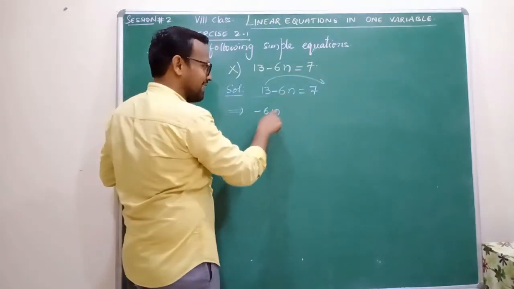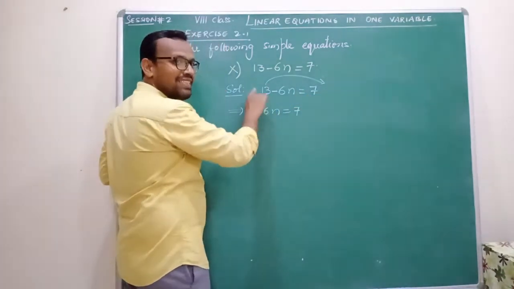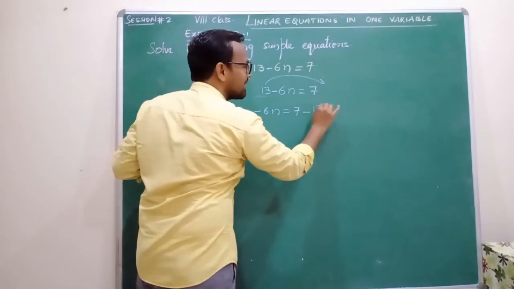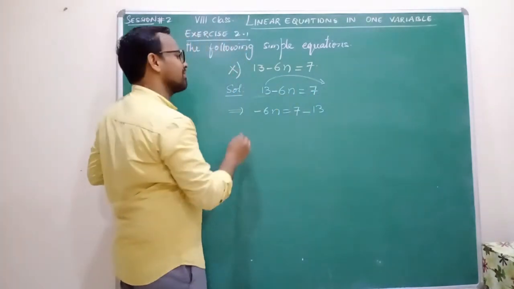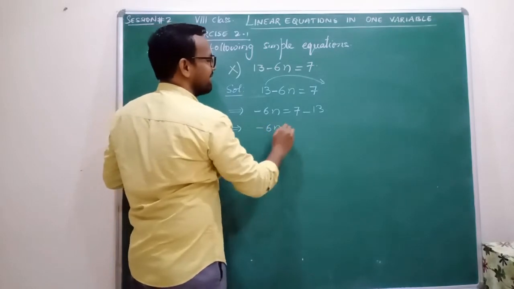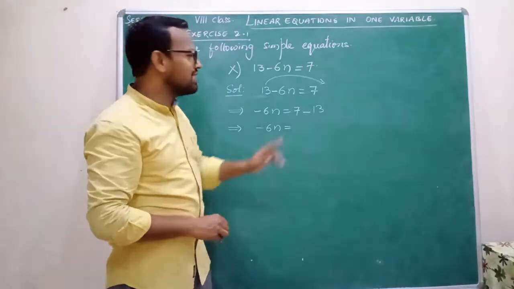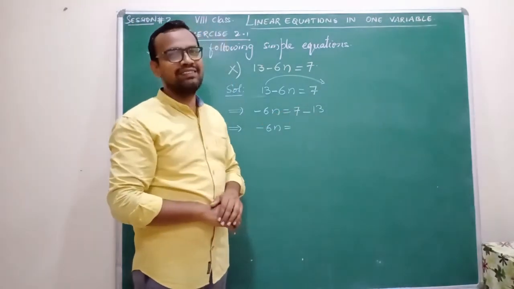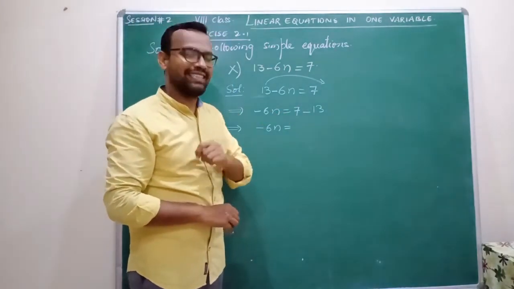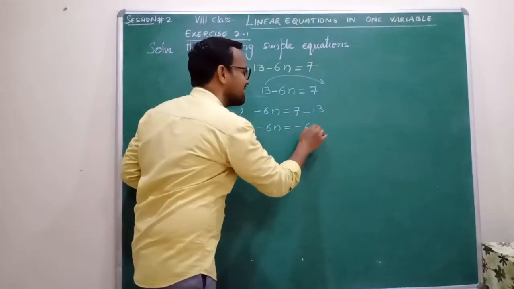Now this plus 13 is going that side, becomes minus 13, isn't it? Yes. Now minus 6n is equal to 7 minus 13. What is the difference of 7 and 13? Yes, it is 6. But the big number got minus. So the answer is minus 6.